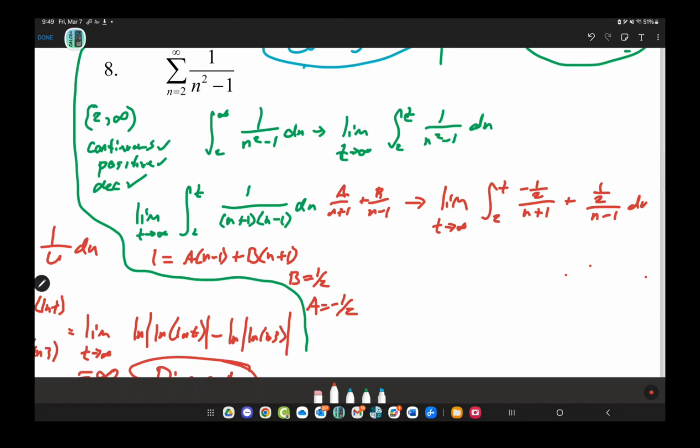So when you do the integral of each, what are you going to do with the negative and positive half? Just bring them out. So what is the integral of 1 over n plus 1? Natural log of n plus 1. So this gives you the limit as t goes to infinity of negative 1 half natural log of n plus 1 plus 1 half natural log of n minus 1 from 2 to infinity.